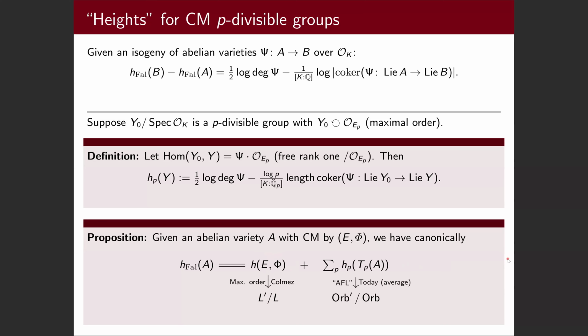And so the local form of our result is that, at least in some special cases and at least conjecturally, we expect that after averaging these correction terms over cycles, say on some local unitary Shimura varieties, these quantities should be related to log derivatives of orbital integrals. This is what I meant earlier by the comparison of p-adic heights of CM p-divisible groups with log derivatives of orbital integrals.